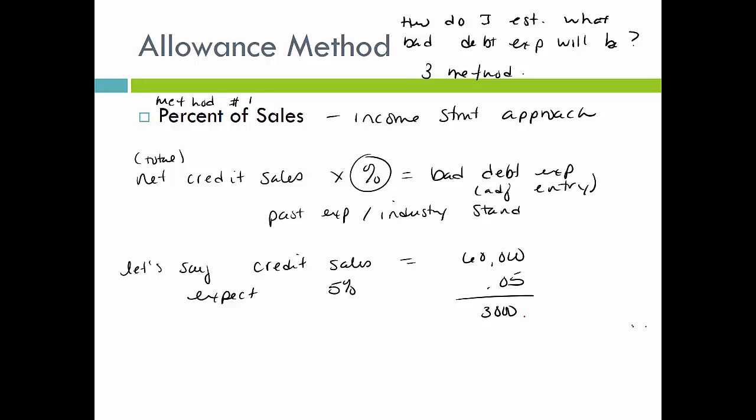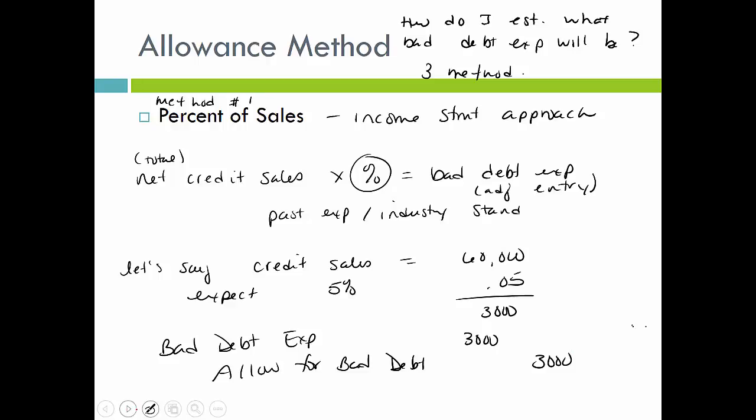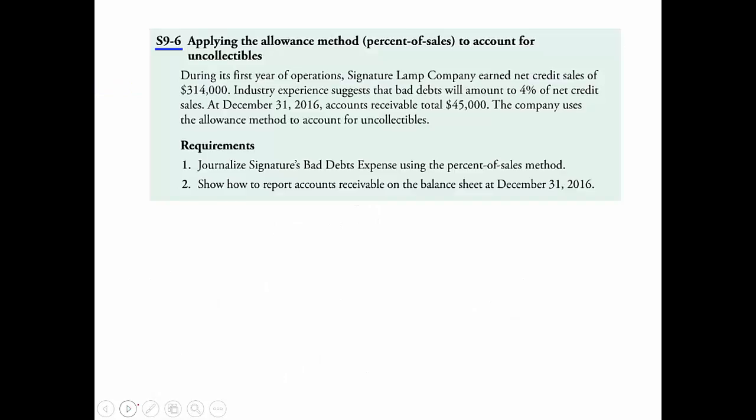And that is the amount of your journal entry for bad debt expense and credit to allowance for bad debt, $3,000. And that's all you do. You don't have to worry about anything else. That's your entire thing. So let's do one of those problems, and then we'll look at 2 other methods.